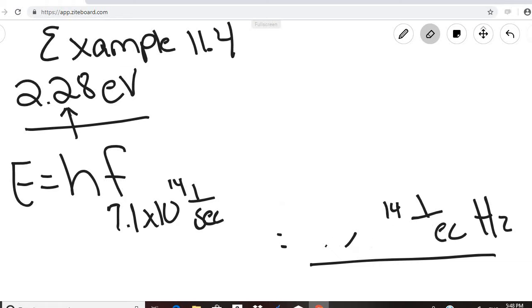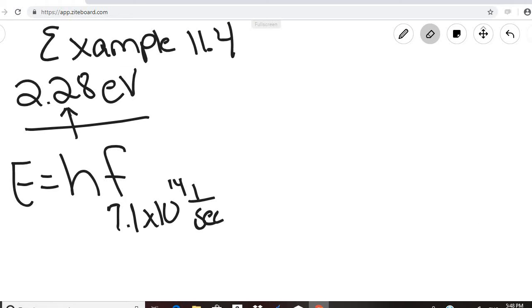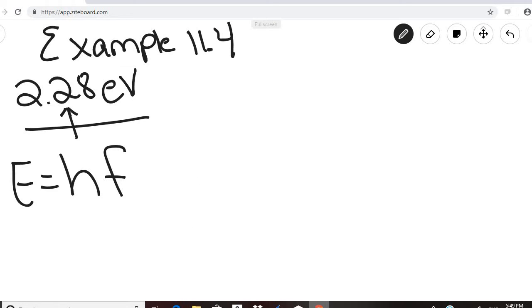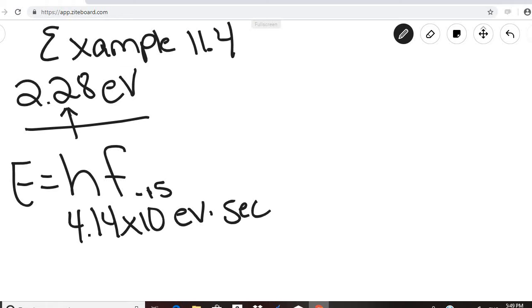And you will be given Planck's constant, which is 4.14 times 10 to the negative 15 electron volts times seconds.